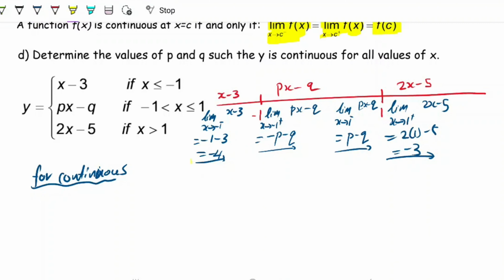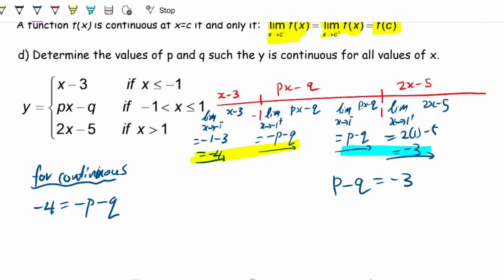So from this first part here, we are able to get that -4 equals minus p minus q. That's what we know from continuity. And then we also know that this statement over here must also be true. So from here, because of continuity, p minus q must give us -3.